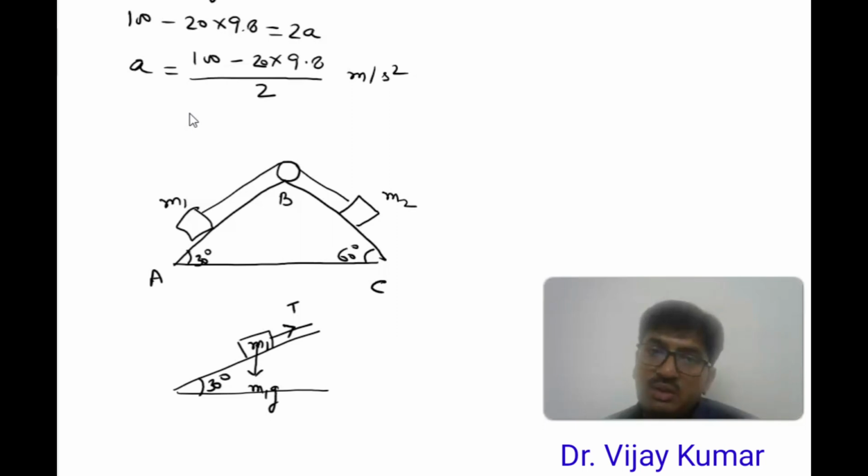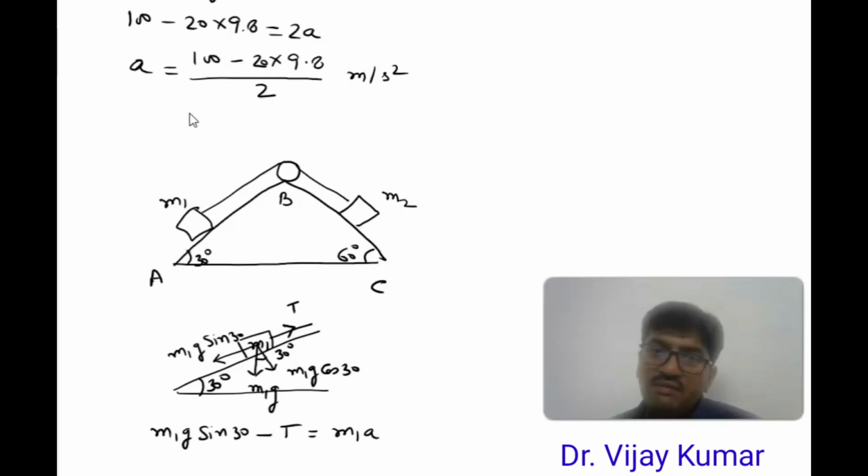So there should be a component in this direction and a component in this direction. This angle should be 30 degree. So this component should be M1g cos 30 and it should be M1g sin 30. So the equation becomes M1g sin 30 minus T equal to M1a. This is equation number 1.